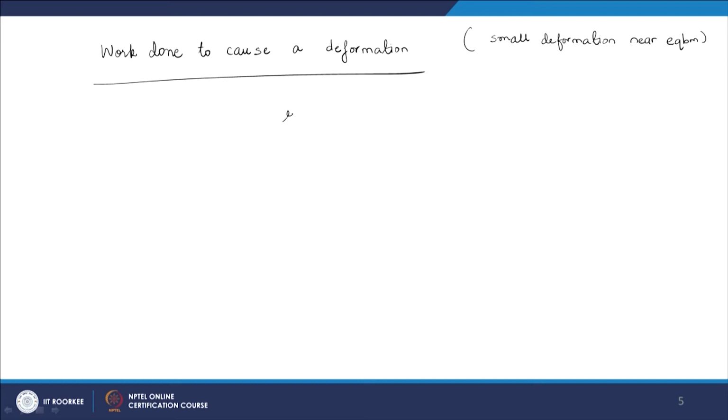So, let us say I am at R in a state of equilibrium, and from R I deform to R plus del u, that is a function of r.